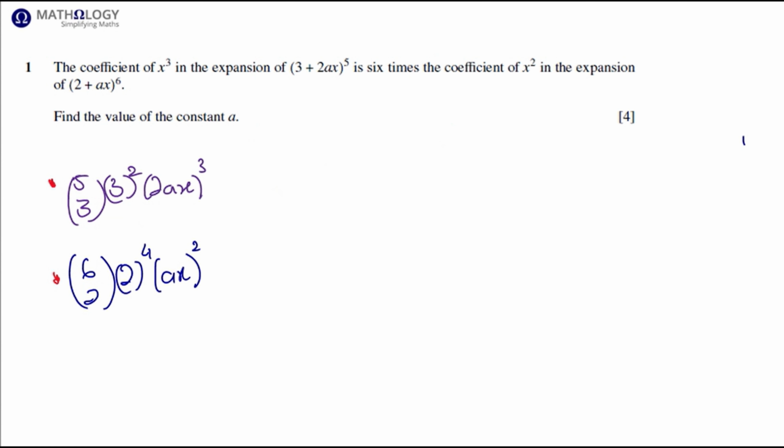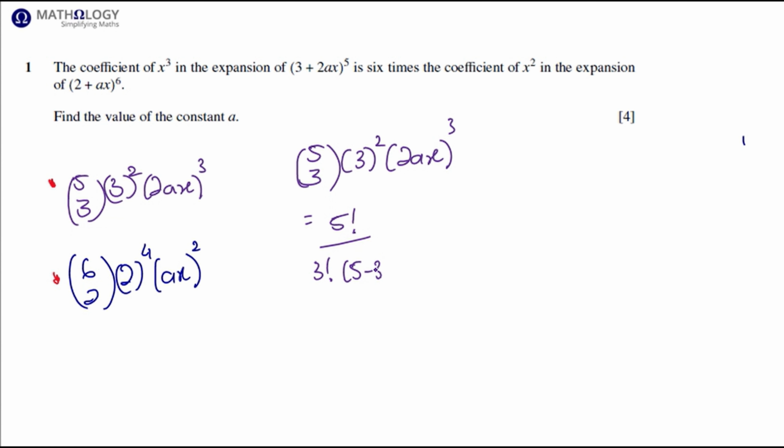So from the first expression, 5 choose 3 equals 5 factorial over 3 factorial times (5 minus 3) factorial, which is also the same as 5 times 4 times 3 over 3 times 2 times 1, which is 10. You can also get this from Pascal's triangle if you prefer.